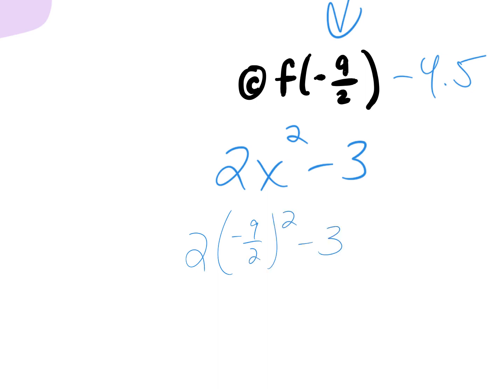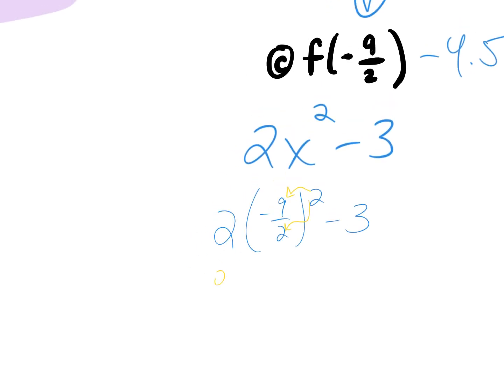When I evaluate, what do I do first? I do the exponent, I square it. So this 2 goes to the 9 and to the 2 on the bottom. So this is 2 over 1. What's negative 9 squared? 81 over, what's 2 squared? 4, good. Then I have minus 3.